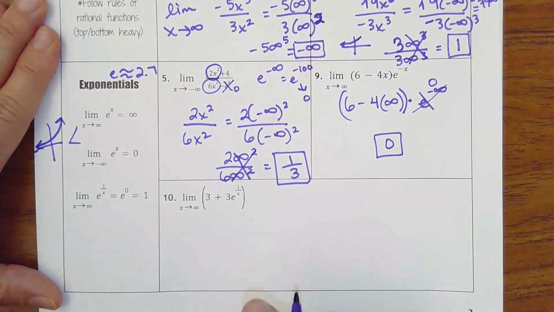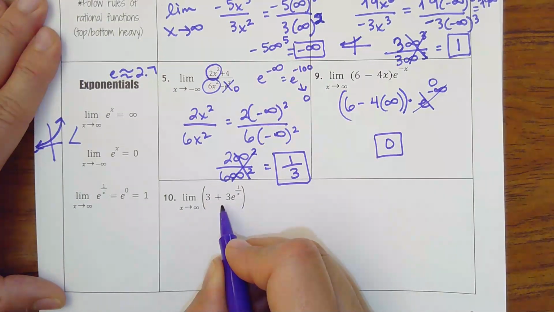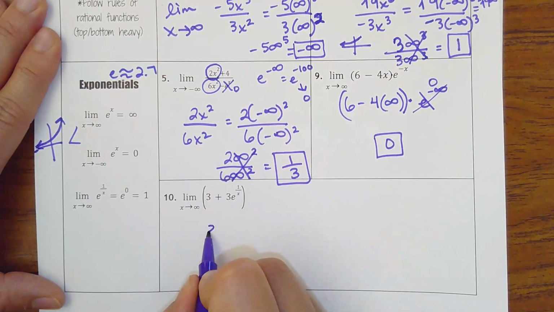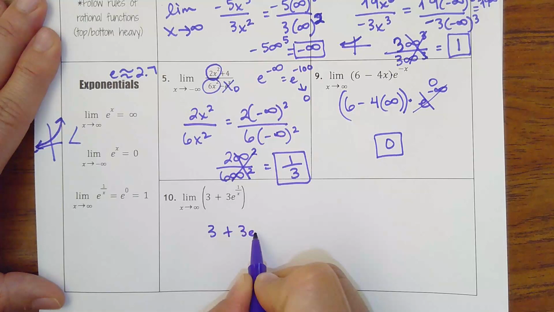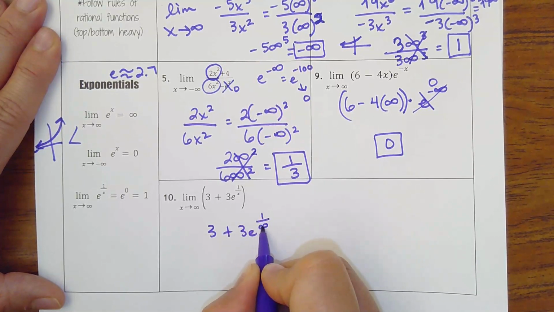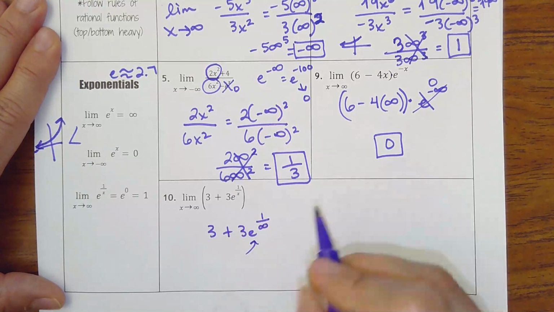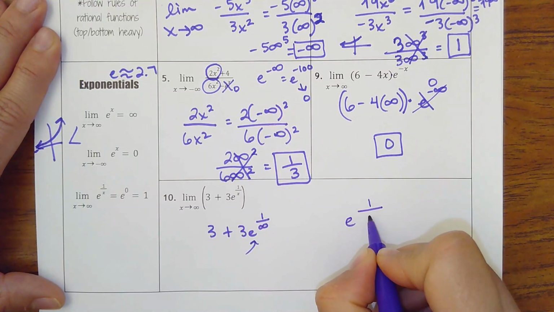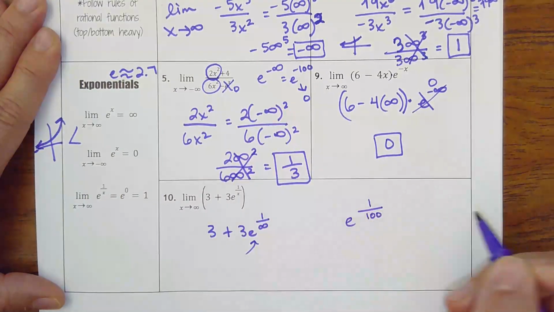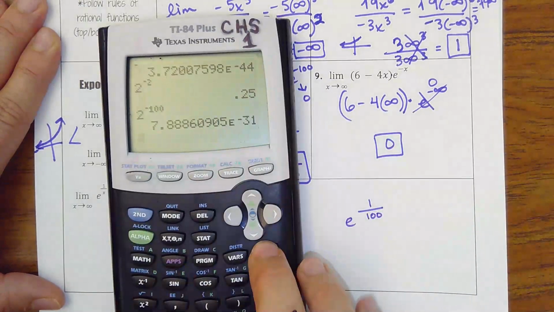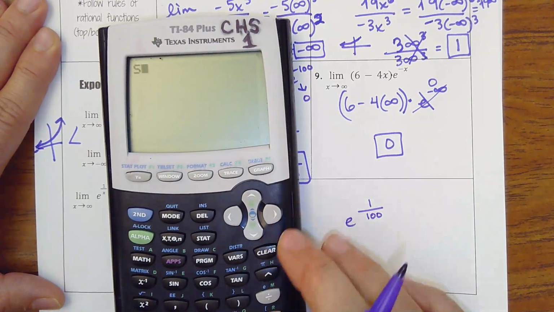And then the last one, when I have addition here, I have to go ahead and do the same thing as well. So it's 3 plus 3e to the 1 over infinity. Let's think about what's happening here. e to the 1 over, let's say, 100th power. What's that going to get?